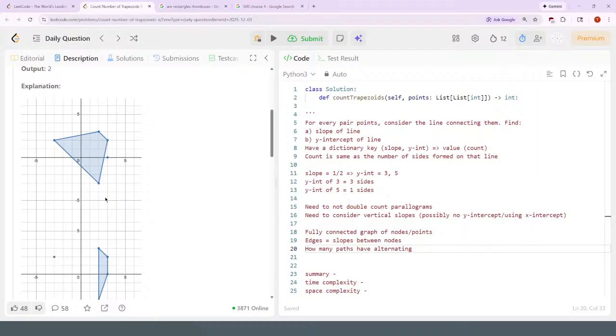It just has some alternation of equivalent, some pattern of A, B, A, C values in its edges, or A, B, B, I guess.